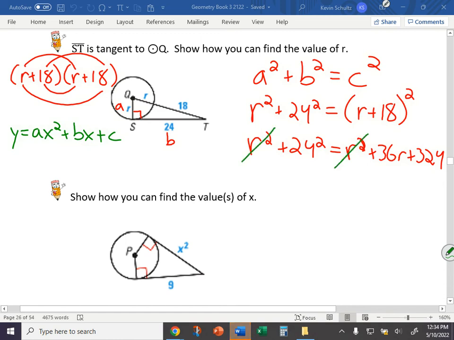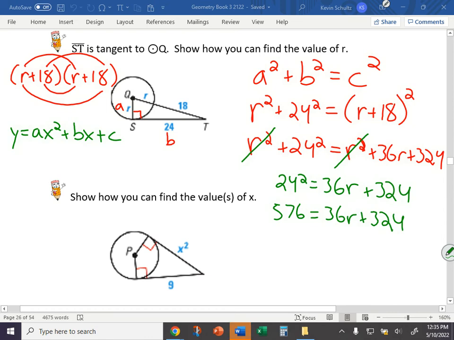So we dodged a bullet there, and now we don't have to use the quadratic formula because our r squared terms cancel out. So we're left with 24 squared equals 36r plus 324. 24 squared is 576. And so what potentially was a quadratic formula equation really just turns into a two-step equation.